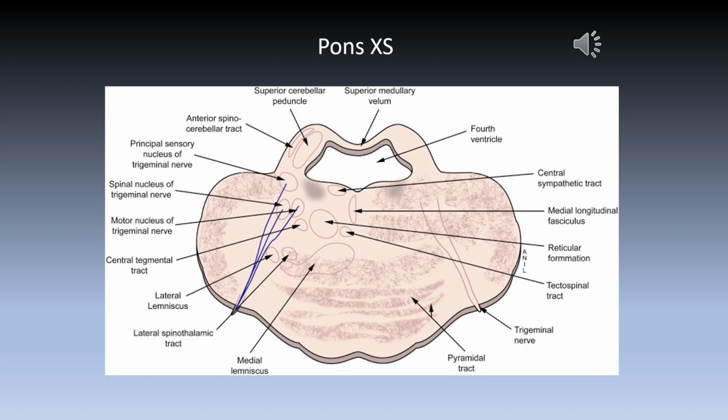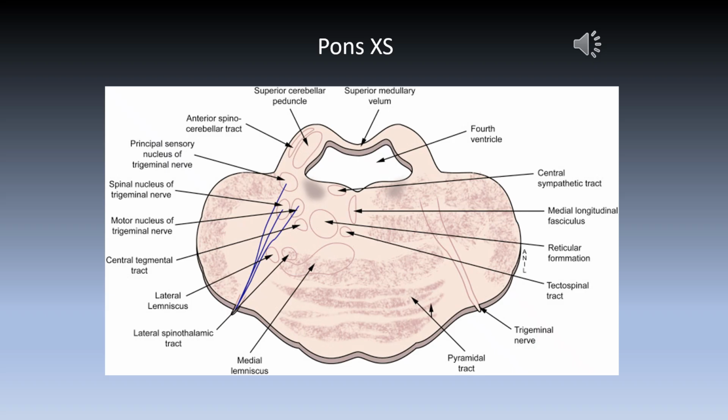The superior cerebellar peduncle is the connection between the pons and the cerebellum. There is an inferior cerebellar peduncle which connects the medulla to the cerebellum. There is a middle cerebellar peduncle which also connects both the medulla and the pons to the cerebellum. And then there is a superior cerebellar peduncle, which is what's shown here.